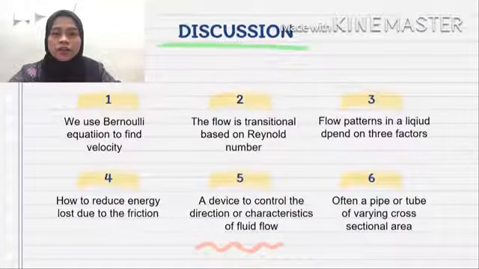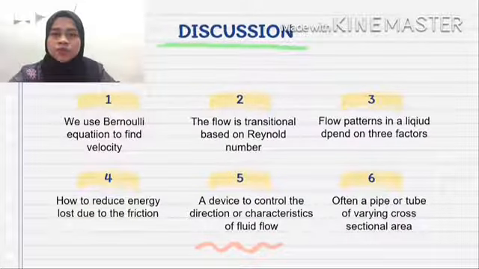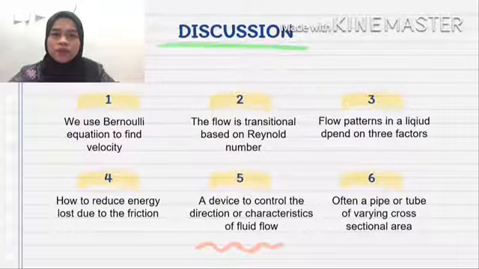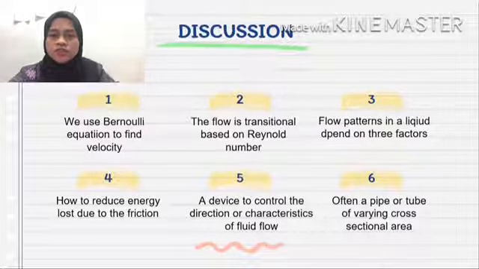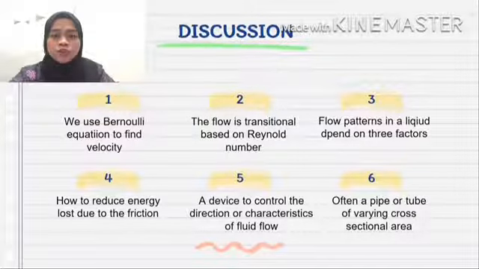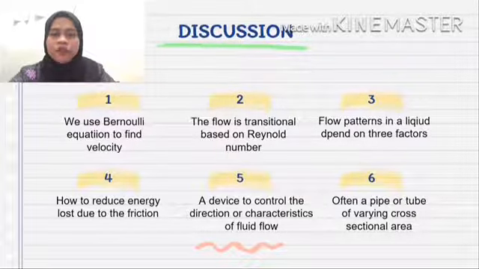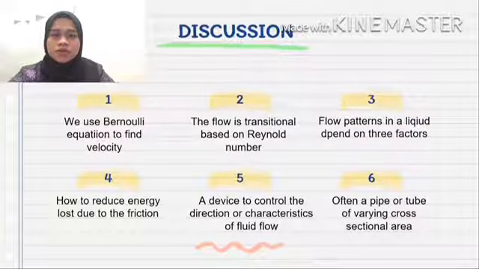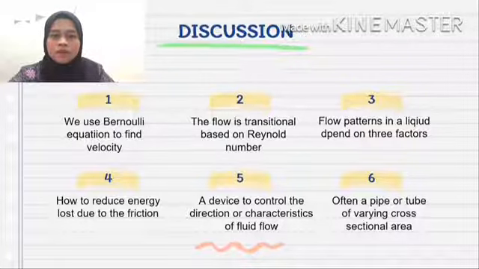To calculate the rate of flow of water, we use the Bernoulli equation to find out the velocity, and the result that we got is 0.07795 meter cube per second. After that, we calculated the Reynolds number, and the result shows that the flow is transitional because the Reynolds number that we got is smaller than 4000.